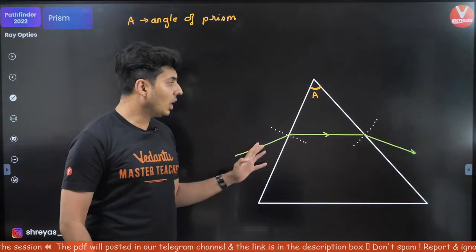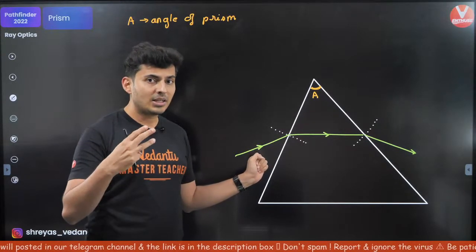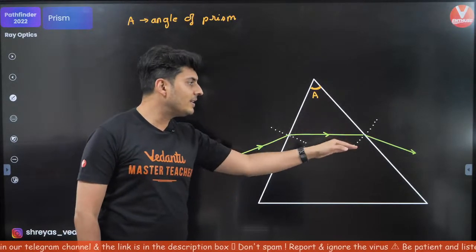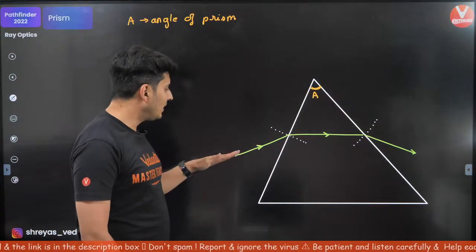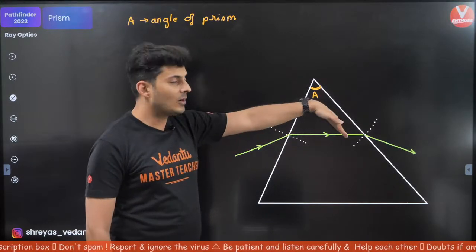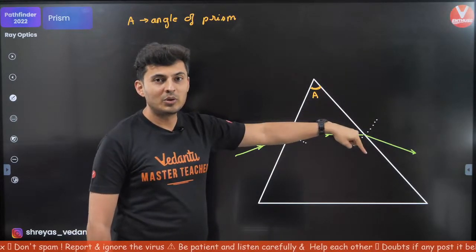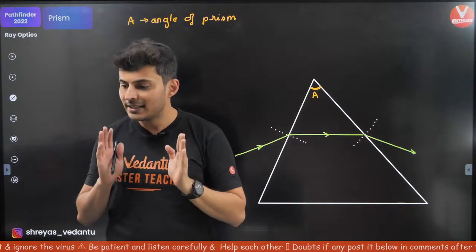Number 2, we'll talk about the relationship between these angles. Number 3, we are also going to talk about the deviation of this ray of light. Why deviation? Because the ray of light was actually technically going here. Because of this prism, it has now got bent. It has now moved to some other angle. So we are going to talk about the deviation also. I hope this is fine.